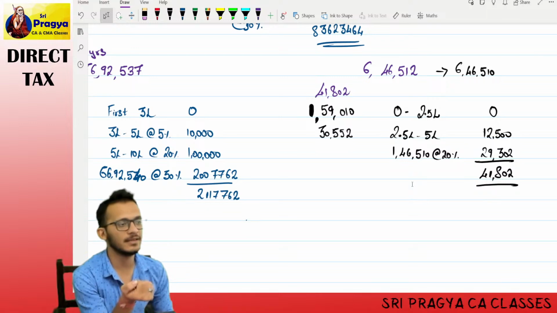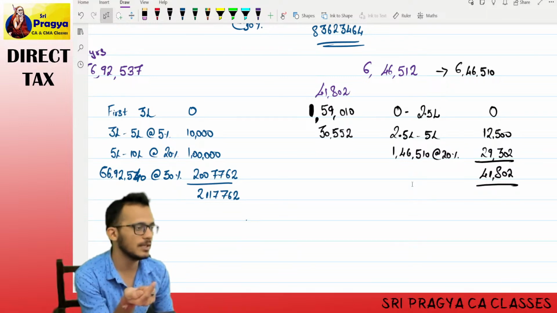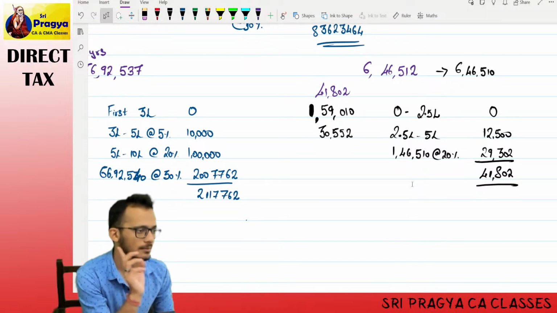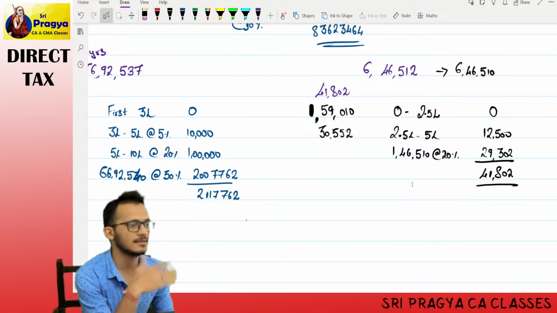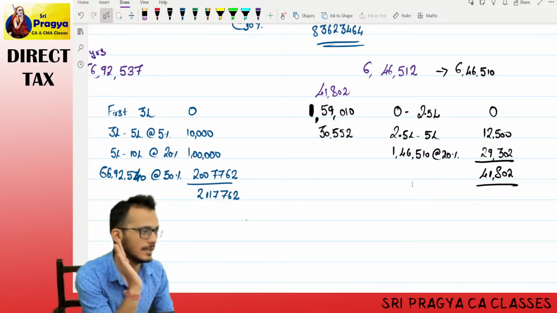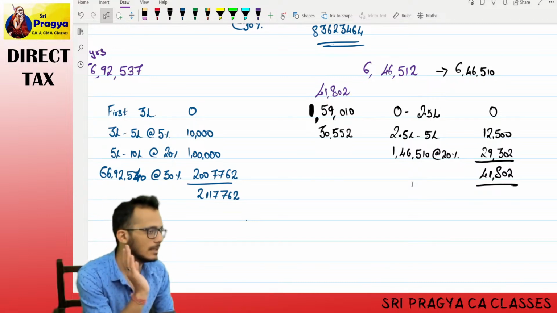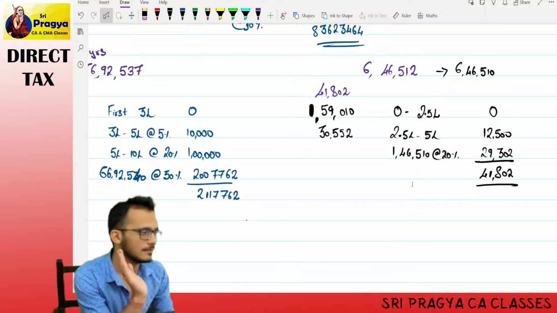For HUF, AOP, BOI, AJP, the slabs are 0 to 2.5 lakhs, 2.5 to 5 lakhs, 5 to 10 lakhs, and 10 lakhs and above. These are your income slabs.